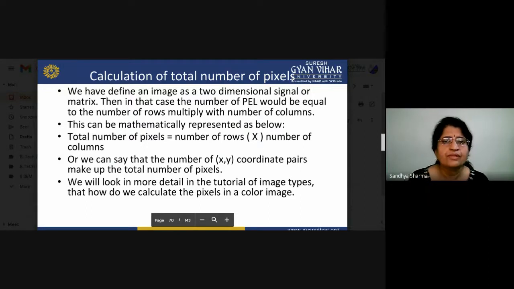The number of pixels would be equal to the number of rows multiplied by the number of columns. So total number of pixels is equal to x into y, that is, the number of rows and number of columns. We can say that x and y is the coordinate pair that represents the particular location of that particular pixel.